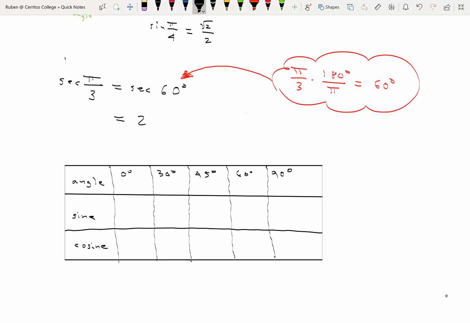These are called special angles. Those same angles we can also consider in radians. So in radians, they would be 0. Do you remember what this one should be? What is 30 degrees? It should be pi over 6, pi over 4 for 45, pi over 3 for 60, and pi over 2 for 90.